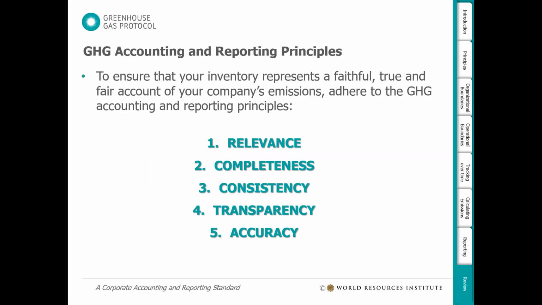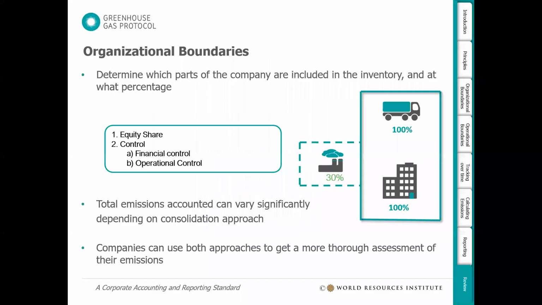In terms of completeness, companies should make a good faith effort to provide a complete accounting of their emissions. And they should account for all emissions within the chosen inventory boundary, and if some emissions have been estimated insufficiently, then those instances should be documented and justified in the inventory.